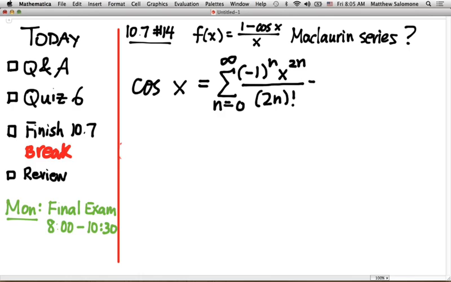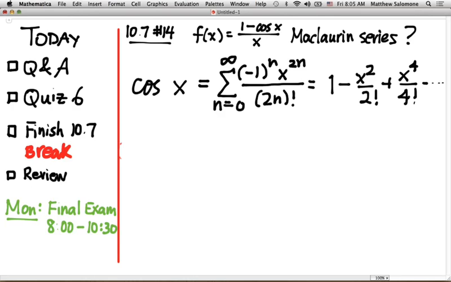And again, I always like to write out the first few terms so that when we start doing manipulations with these things, it'll be a little bit clearer to see what's happening to the pattern of the general term if we can see a few of the specific terms as well. So there's the first several terms of cosine of x.